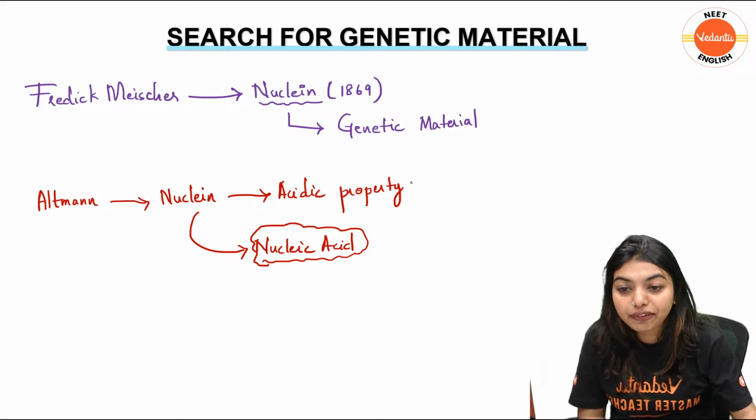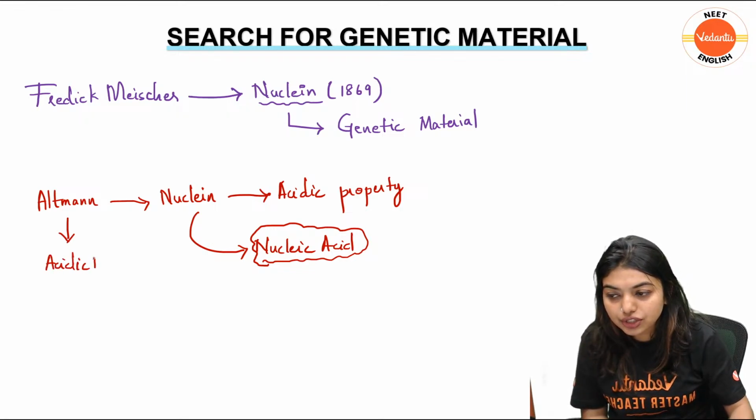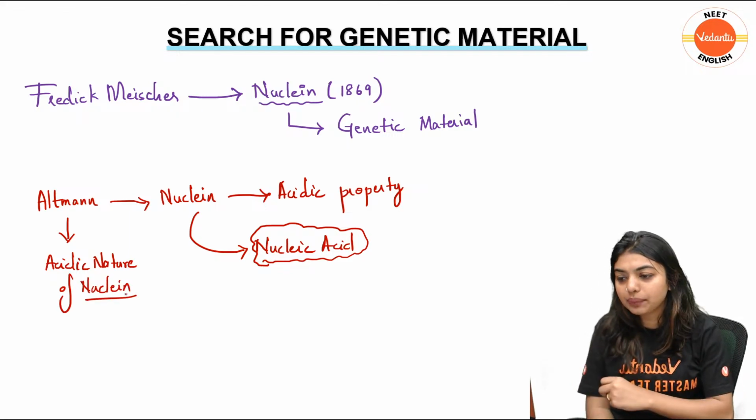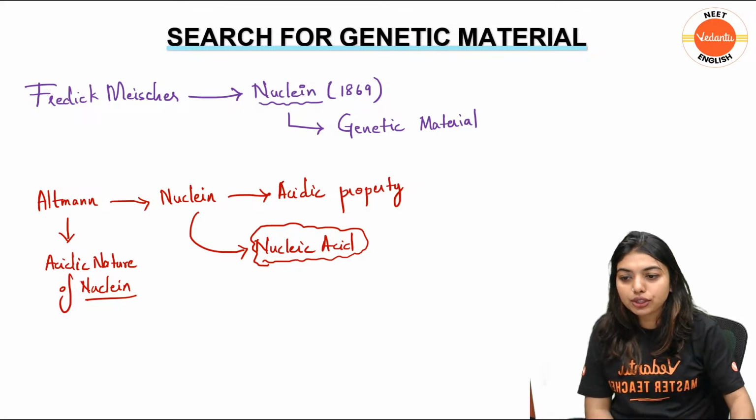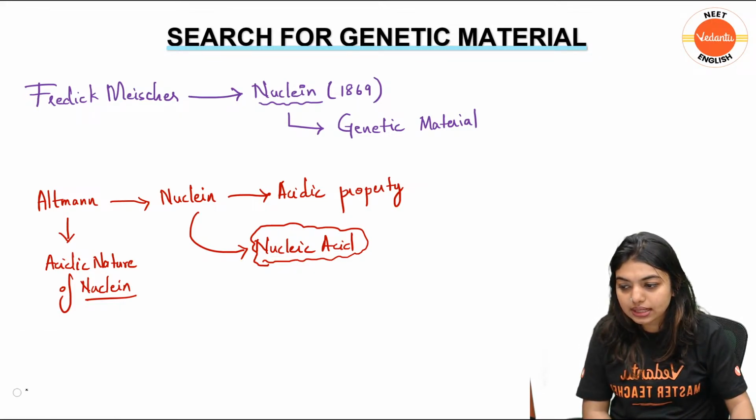In simple words, you can say he found the acidic nature of nuclein, because it is still not the genetic material. Now when we talk about nucleic acid, they realized that there are two types of nucleic acid.